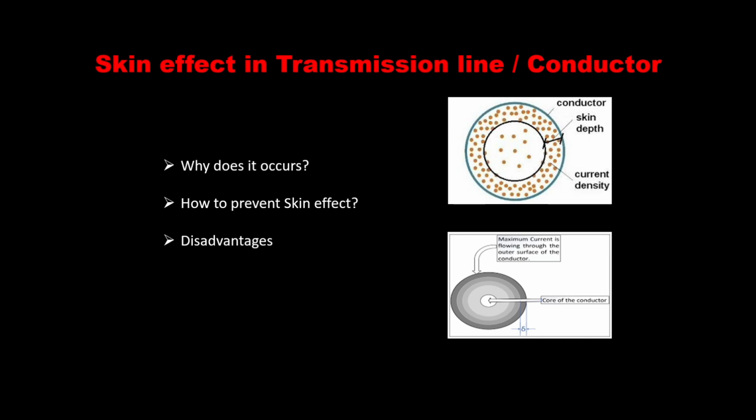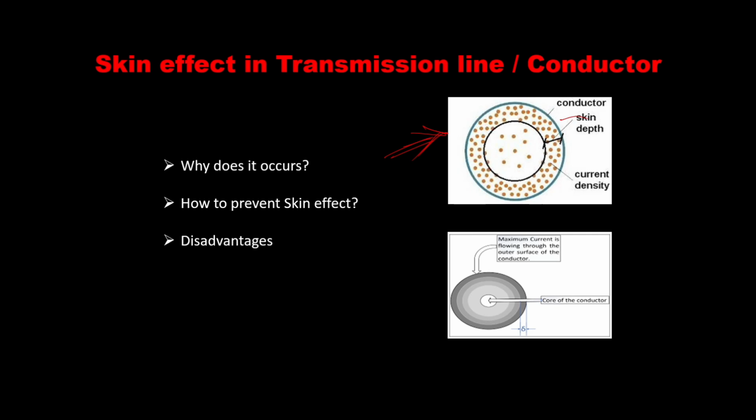So you can see here in one figure, that is skin effect. From the name we can see skin effect, we know skin is the outer part of our body. So something is affecting our skin, means something is affecting the outer part.